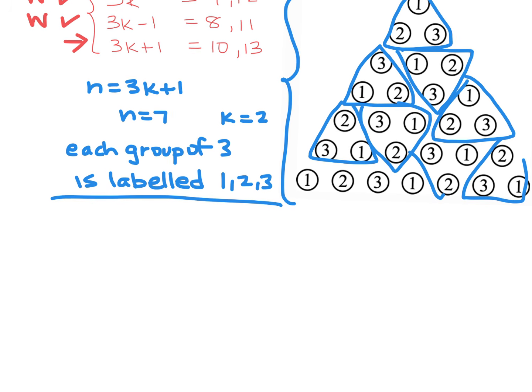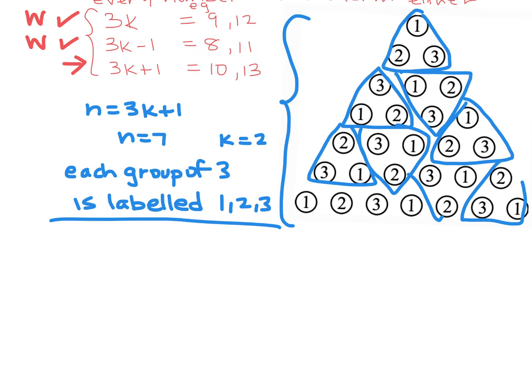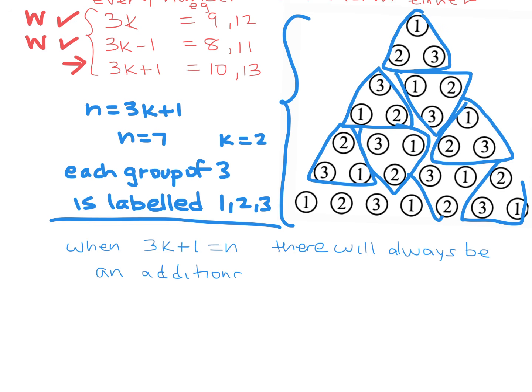So to show that in a mathematical way, I'll just explain. When you have a 3k plus 1 scenario for the number of rows, there will always be an additional coin labeled 1.